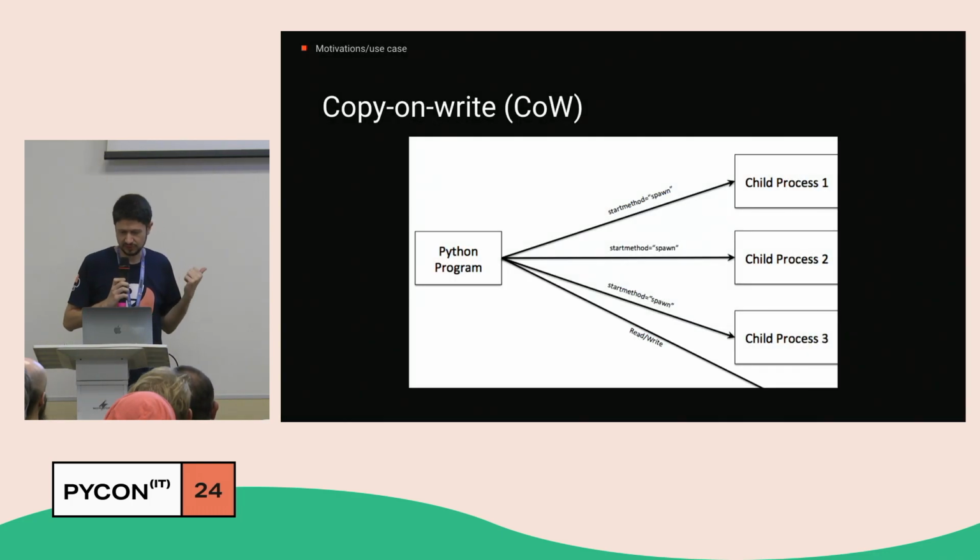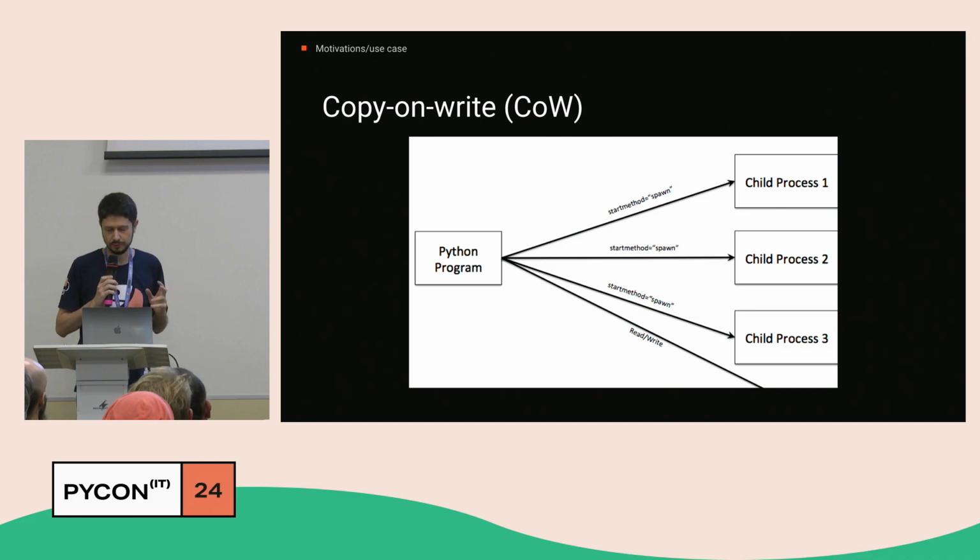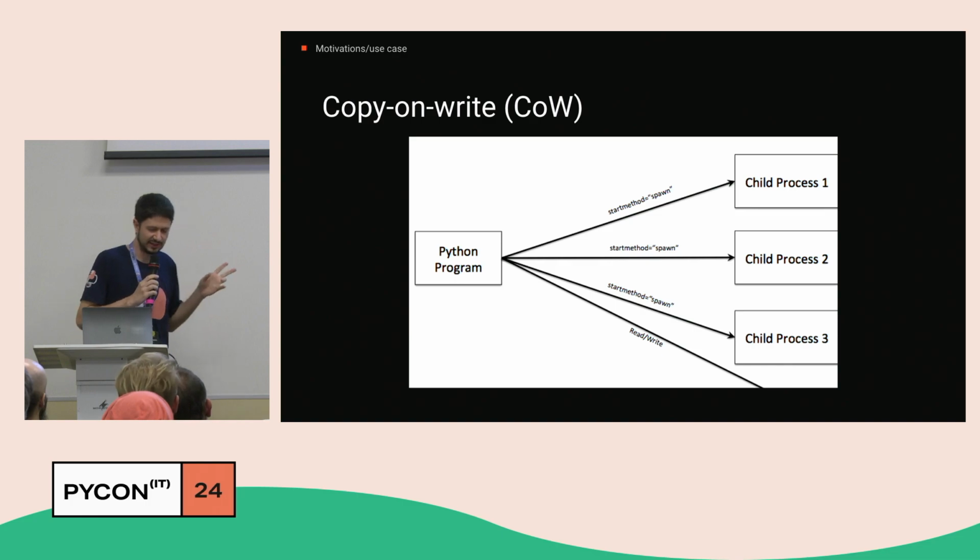And this is particularly, I think, the most interesting case that Instagram decided to work on. It's about copy on write. So a bit of context over here. Instagram uses a pre-forking web server architecture for their Django application. And what exactly does that mean?